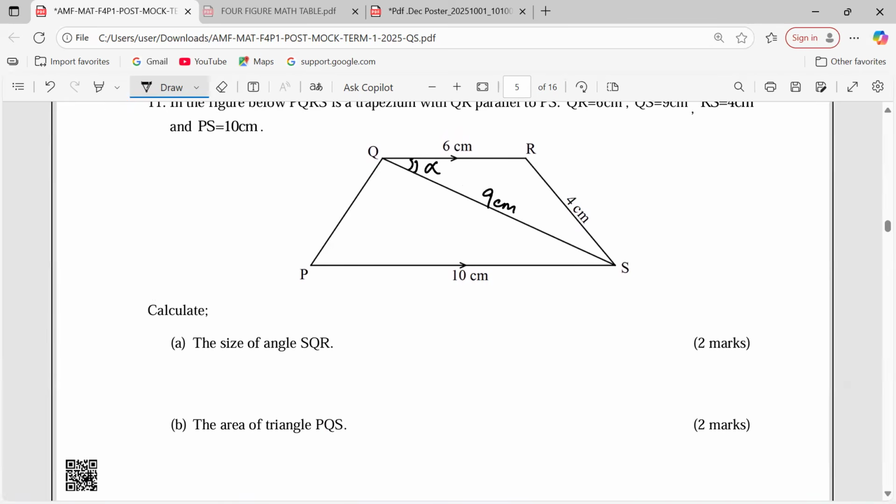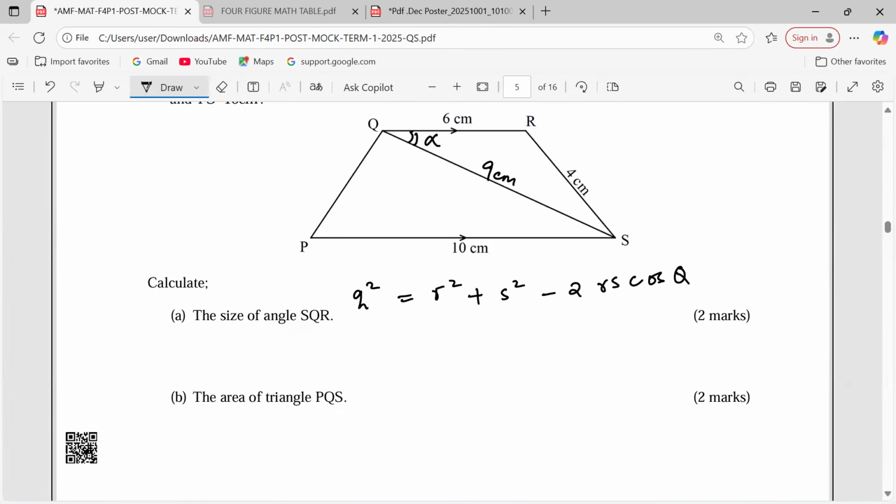Therefore, we can apply what we call the cosine rule, whereby if we take q squared, you get the same as r squared plus s squared minus 2rs, the cosine of the angle at Q, which is our alpha now.